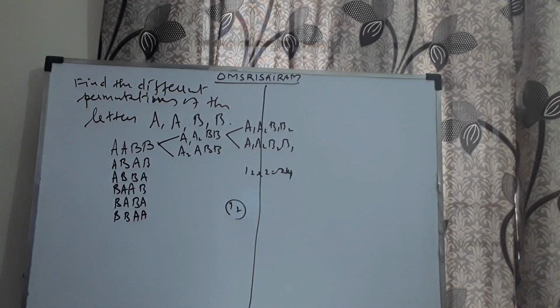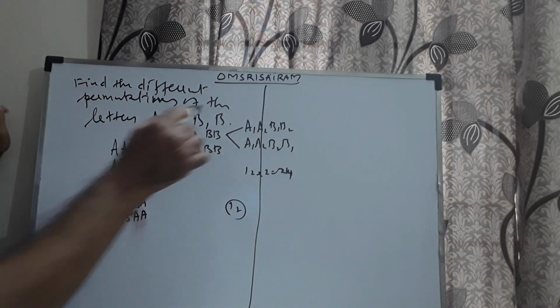Practically speaking, if all four letters are distinct, the number of different permutations is equal to 4 factorial, which is 24.